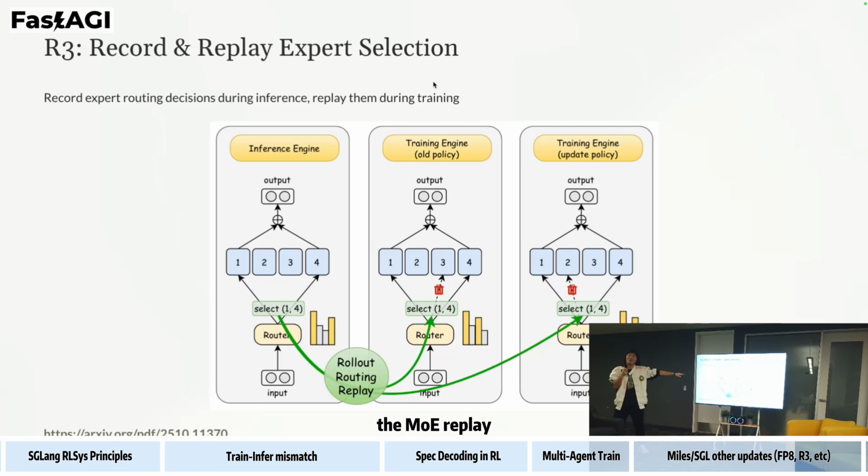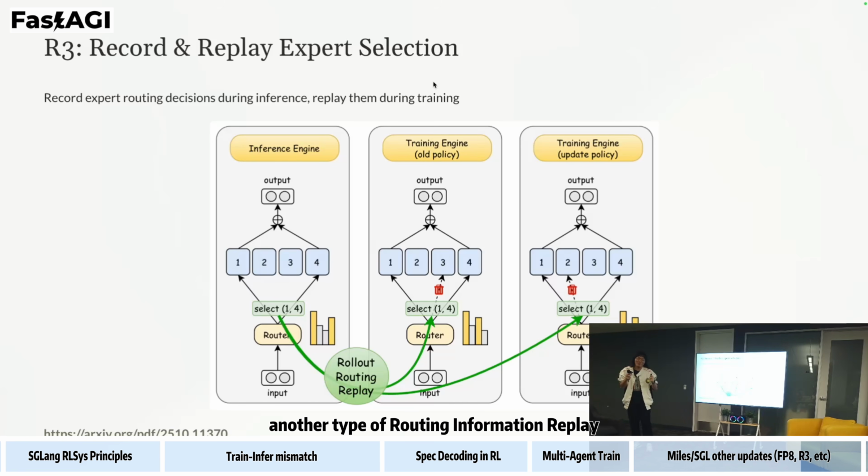The R3? The MOE replay. Oh, okay, good question. It's slightly different. There's a methodology called R2, and I'm introducing R3. R2 records another type of routing information and replays it later, but it is connected with off-policy training for the policy model, so I won't go deep into it.